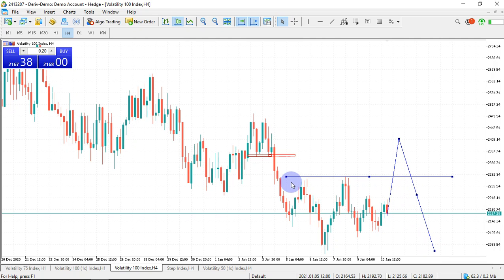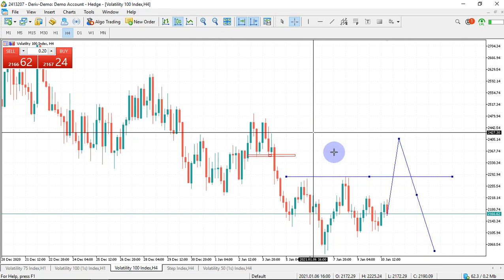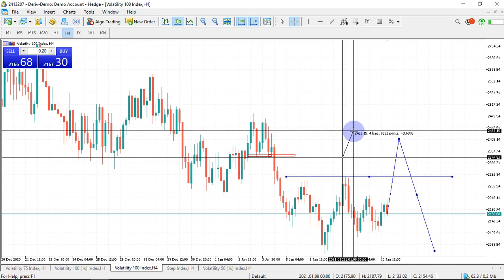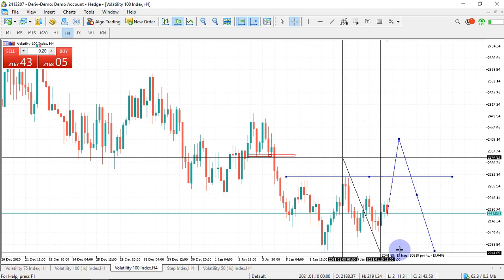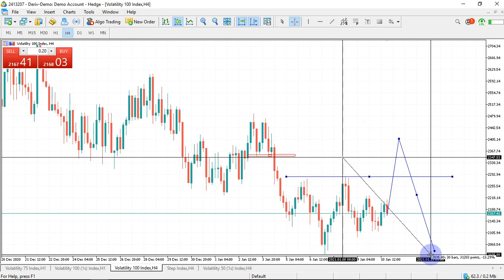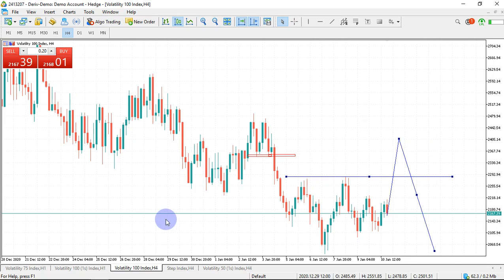So we'll just be risking from here to here, in anticipation of a move down here to clear this low.